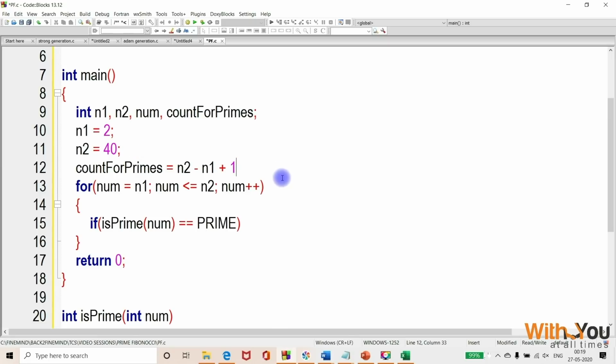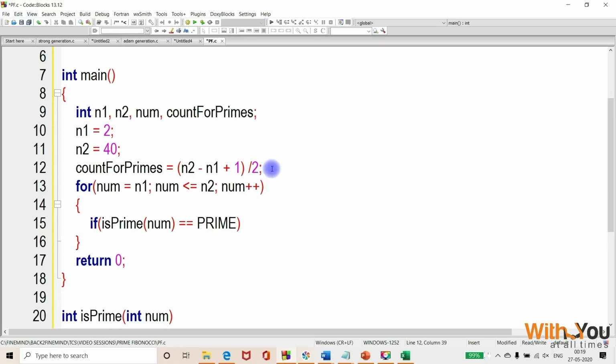The whole thing can be divided by 2. Why? Because definitely you would find that half of them would be going off in even numbers. Or if you find this divided by 2 a little uncomfortable, don't even have it, just say n2 minus n1 plus 1. It's still going to be perfectly all right for us.